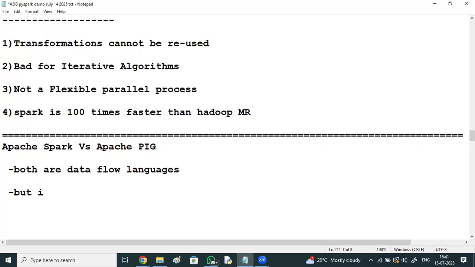But in Pig, the entire data flow will be converted into one Hadoop MR job.